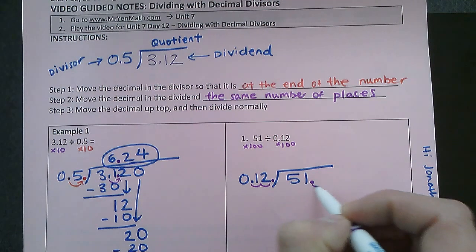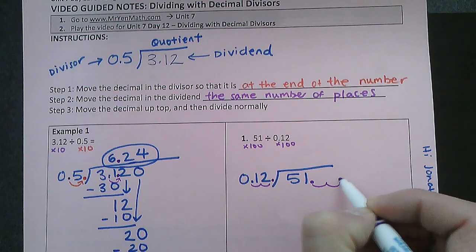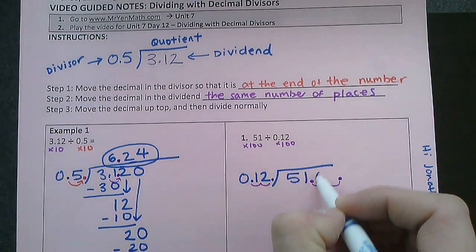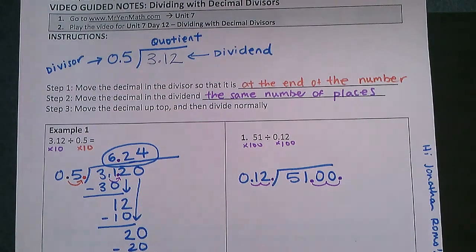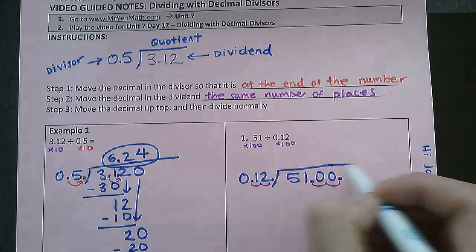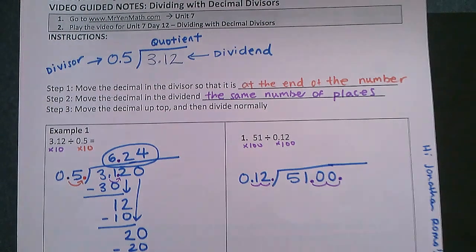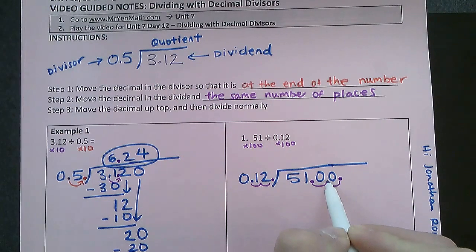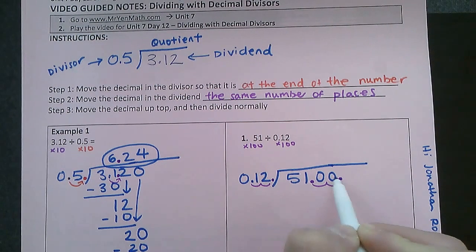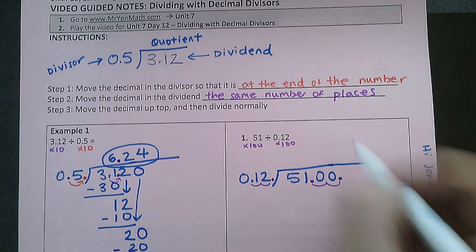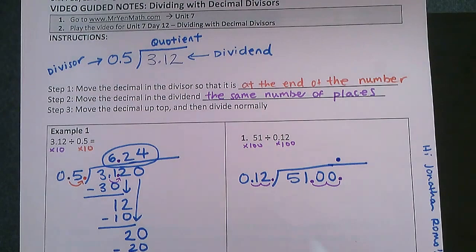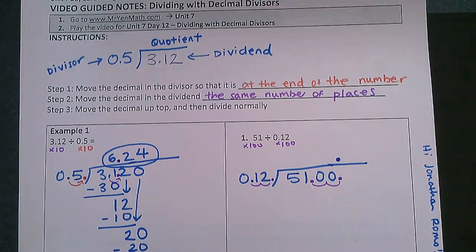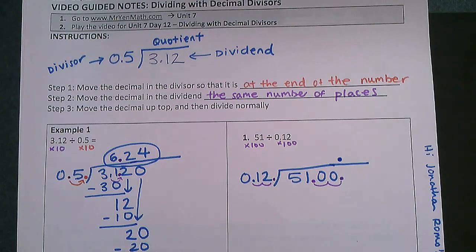So we would still have to move it 1 place, 2 places. Now the decimal's here, and we can fill in with zeros what were blank spaces. This is like 51 times 100. Then we can move the decimal up here, and then divide 5,100 by 12. I'll let you finish that on your own.